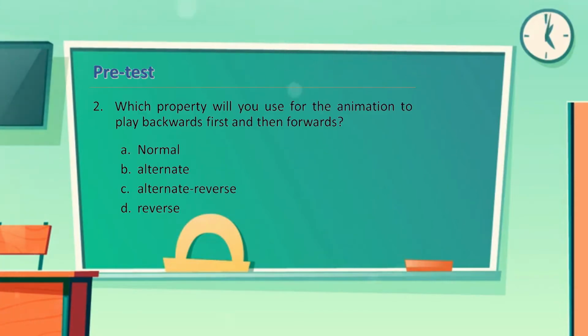Number 2. Which value for animation direction property will you use for the animation to play backwards first and then forwards?